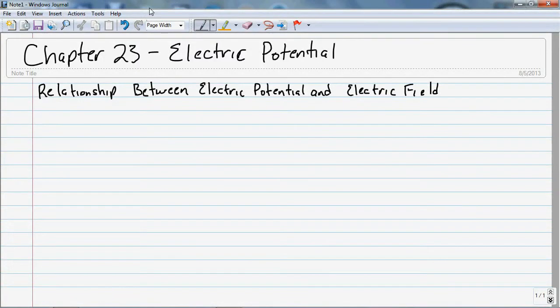Let's investigate the relationship between electric potential and the electric field. So let's start with the formula for the potential difference from B to A. And that's just equal to VB minus VA.